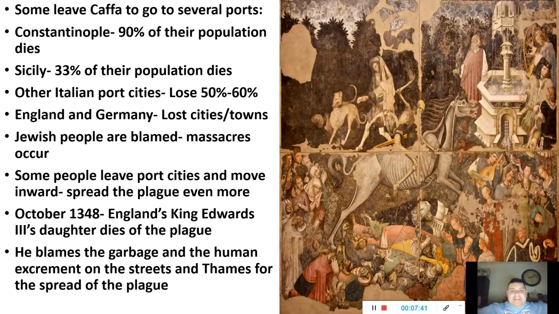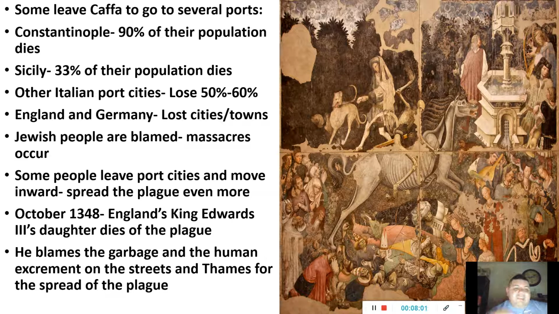So just imagine this: out of 10 people, 9 of them died. If you could just imagine 10 people in a room, 9 of them would be dead. It was pretty bad. It's very, very bad.